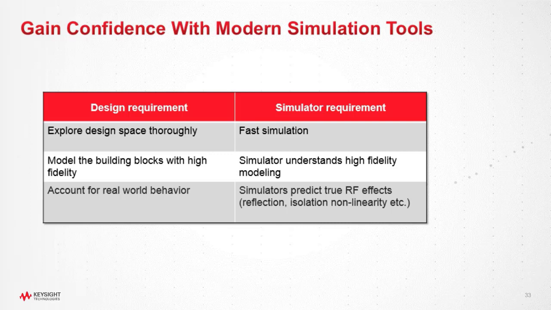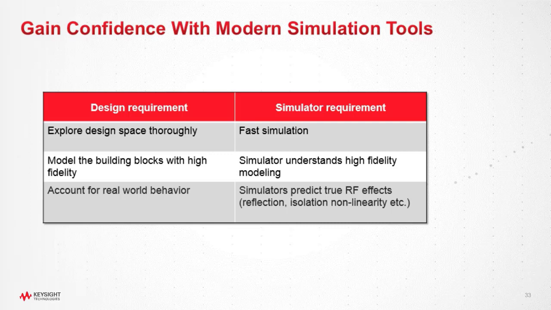The next requirement is that the building blocks that we model in simulation have to be very high fidelity. If we explore a design that is approximate, it's not going to be very useful. So we have to explore a design that is very accurate.